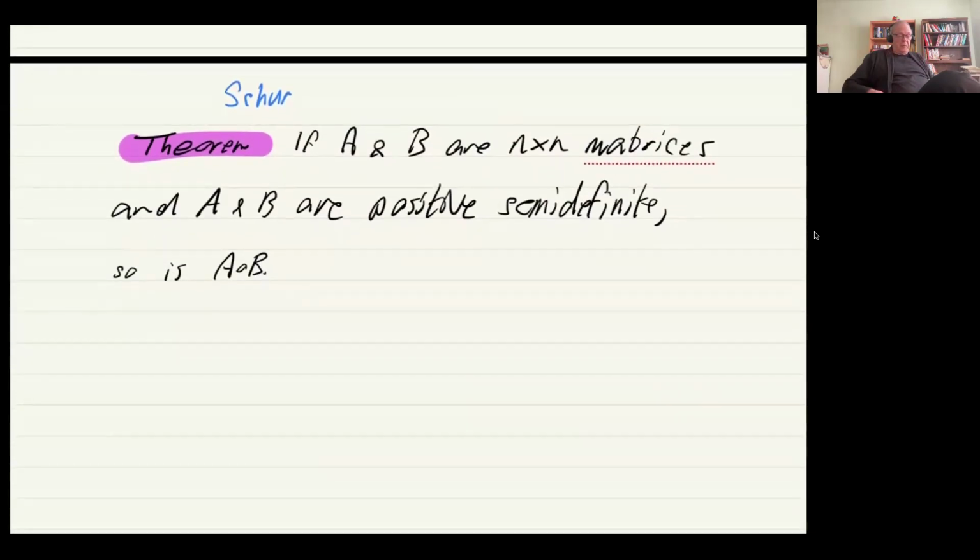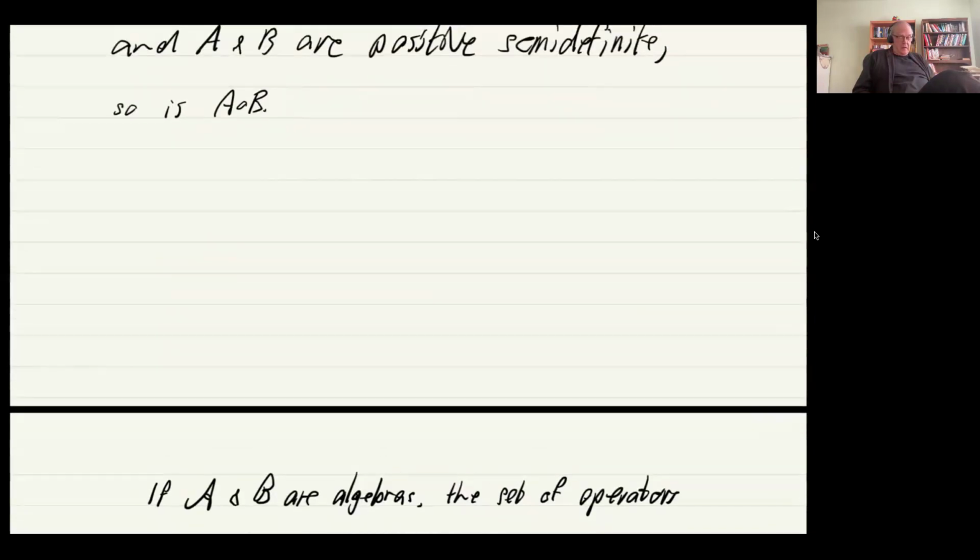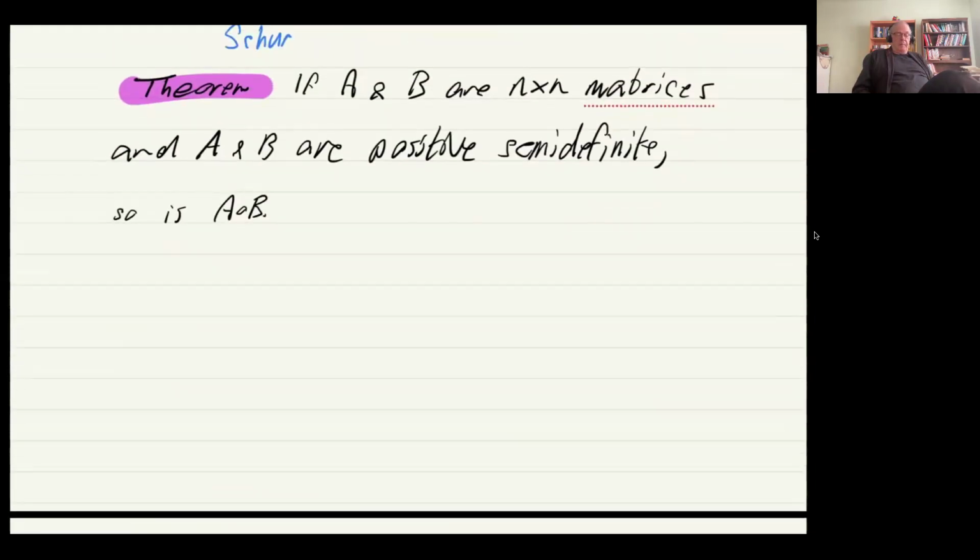The theorem that Schur proved that I just referred to is that if A and B are n by n matrices and they're positive semi-definite, then so is their Schur product. Now, I think there are 3 or 4 different proofs of this. At the moment, my inclination is to put this on the list of exercises.